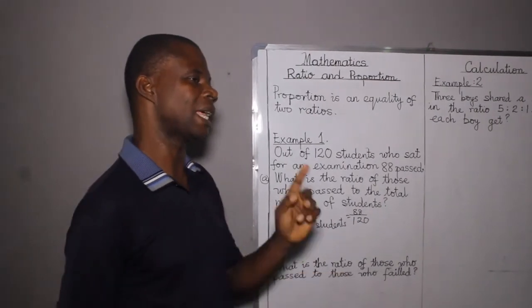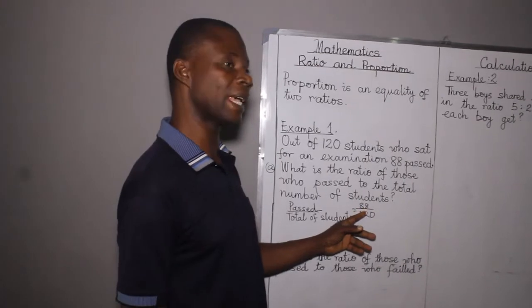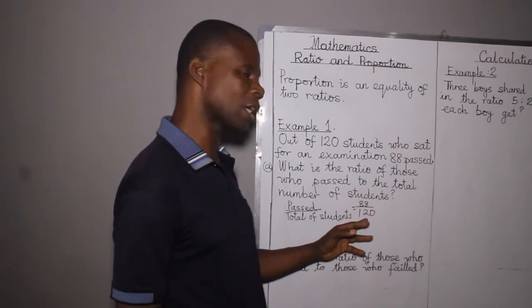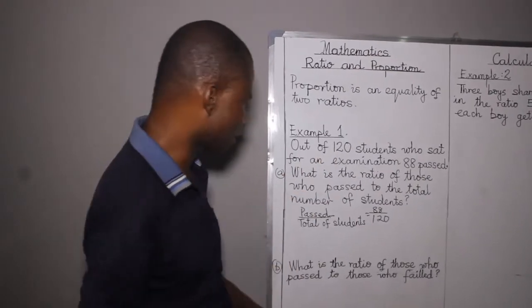And as I said earlier on, do not forget the unit must be the same. So this is 88 students, and this is 120 students. And student will reduce student because they are like terms.